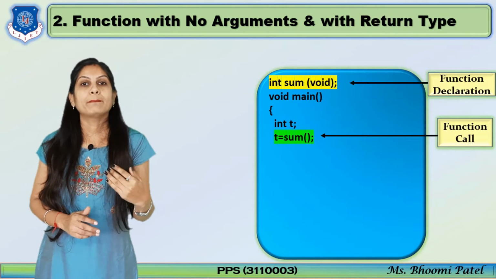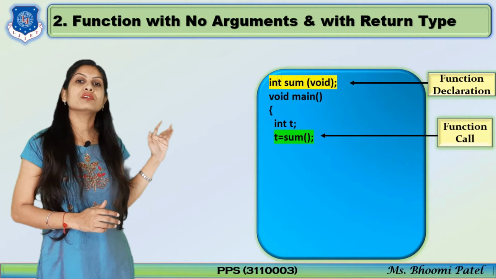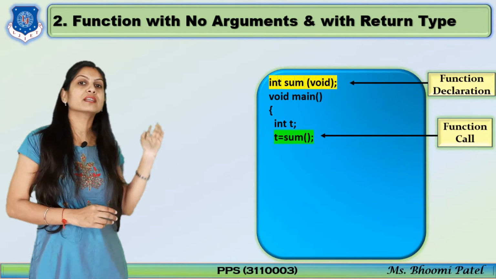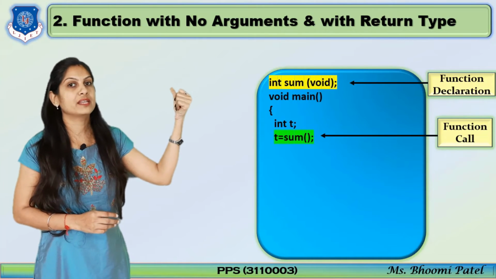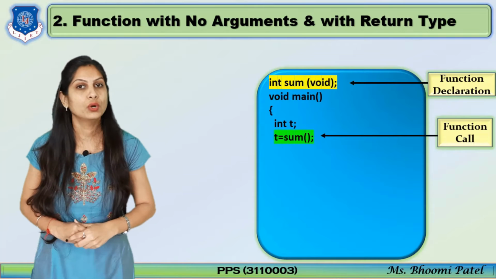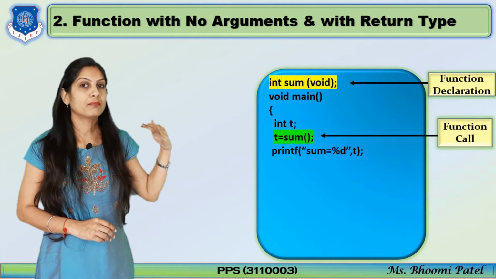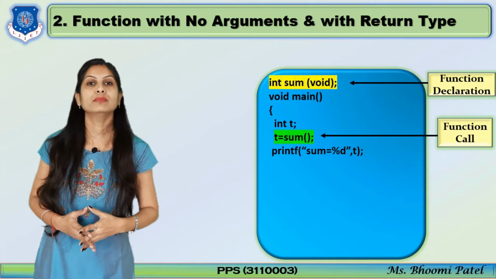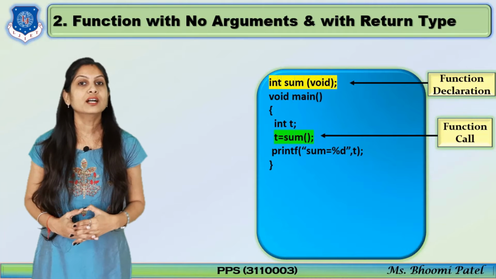Clear? So what happens when we call this sum function: it jumps to the function definition, and when it comes back with some return value, it is stored in variable t, and that we have to print. So after t = sum, we print the message printf sum = %d and the value of t, that is in void main.